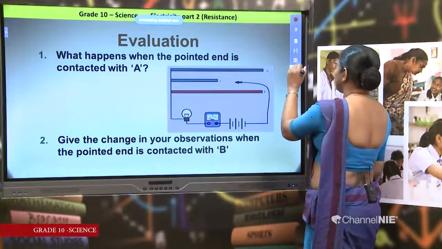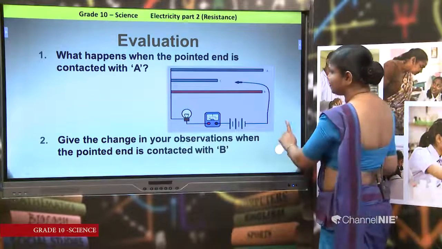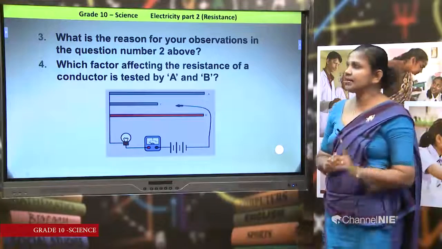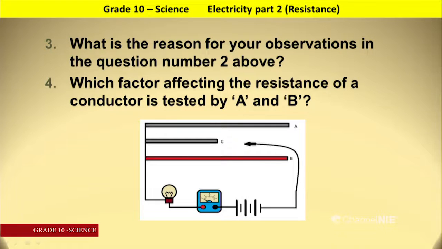Okay, right. Now look at the next question. What is the reason for your observations in question number 2 above? What's the reason? Because of the change in the resistance. We know when it is in contact with A, resistance is high. When it is in contact with B, resistance is low. So the reason is the difference of the resistance provided by the two conductors.